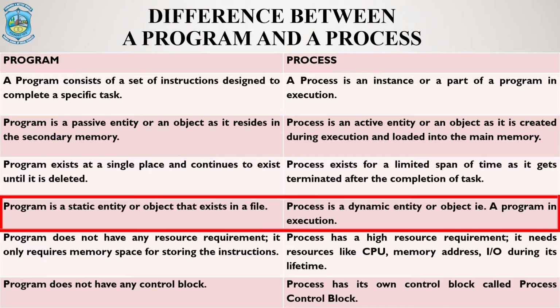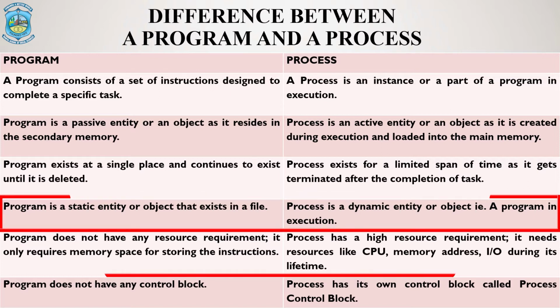Program is static entity or object that exists in a file. Process is a dynamic entity or object that is a program in execution. Program does not have any resource requirement. It only requires memory space for storing the instruction.